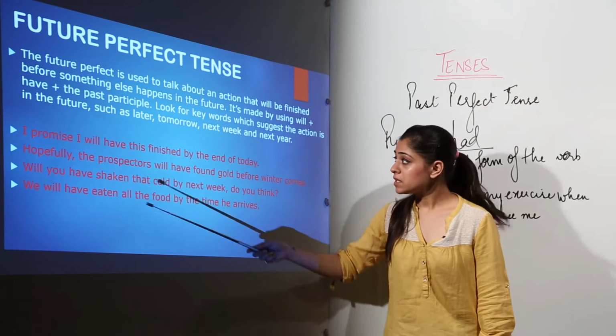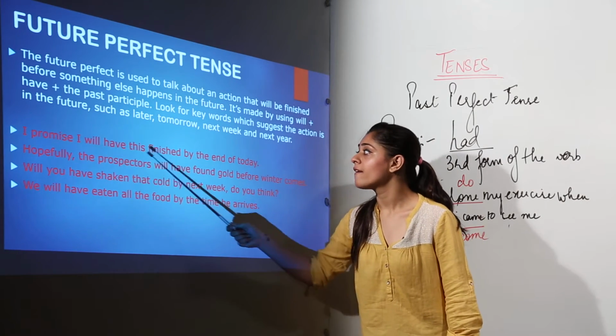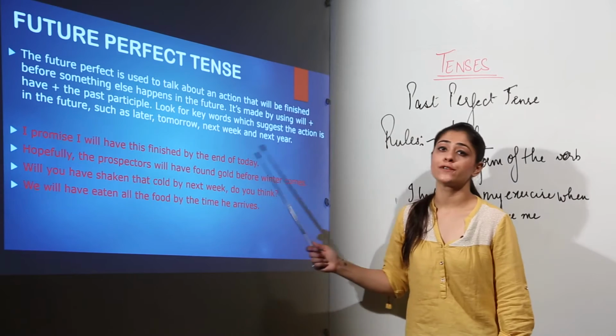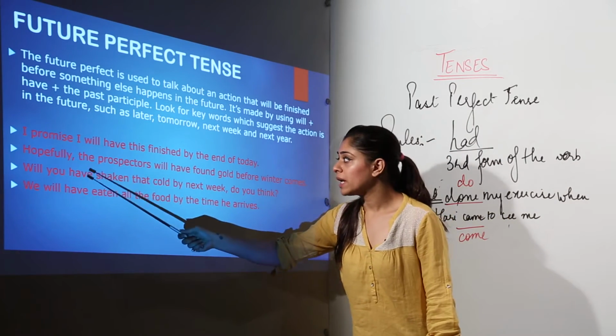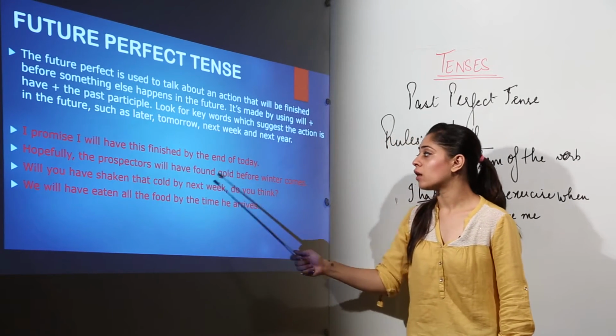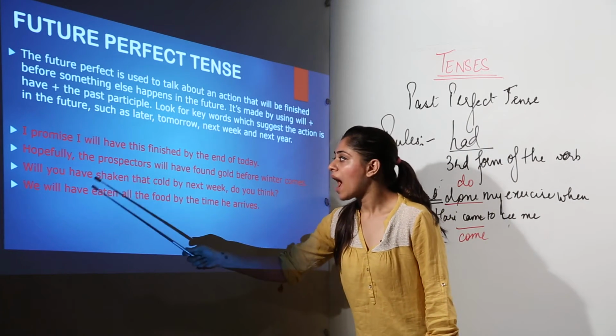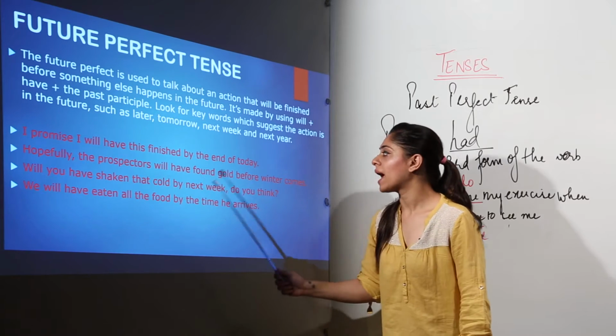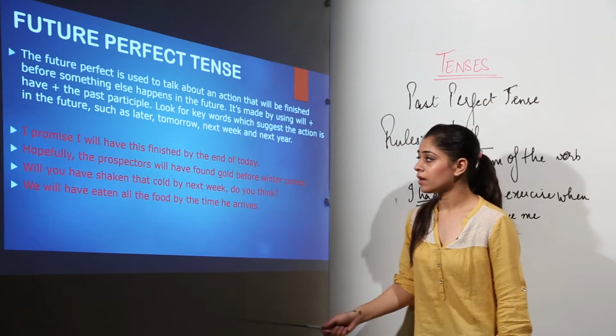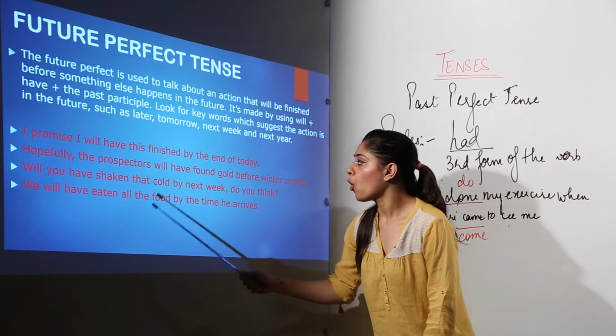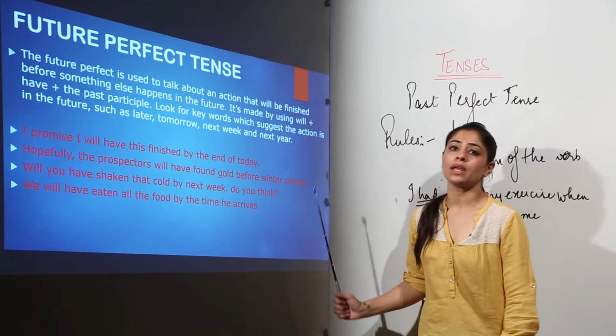Let's look at the examples. I promise I will have this finished by the end of today. Hopefully, the prospectors will have found gold before winter comes. Will you have shaken that coal by next week, do you think? We will have eaten all the food by the time he arrives.